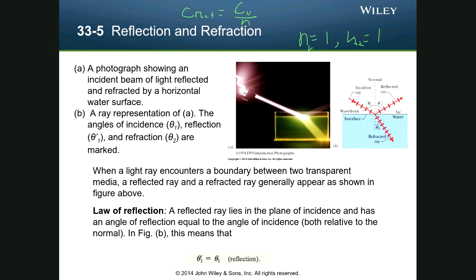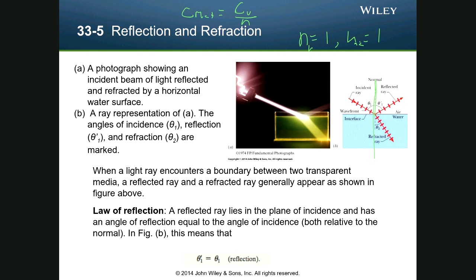Both are measured not relative to the horizontal, in this case, but relative to the normal. So your angle will be with respect to this symmetry axis of the material. That includes both materials. You'll see here you have your incident ray, and these ticks represent plane waves at some angle theta, and you'll have this angle of reflection that will be equal to it.